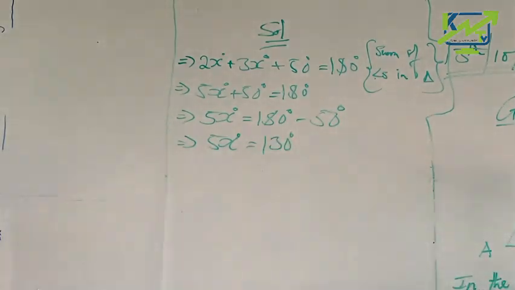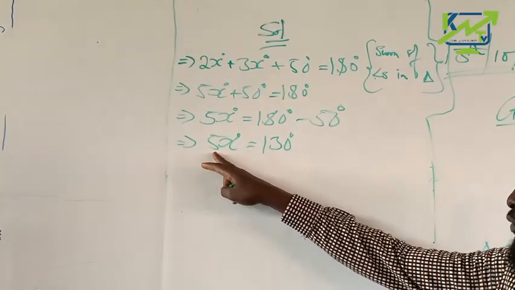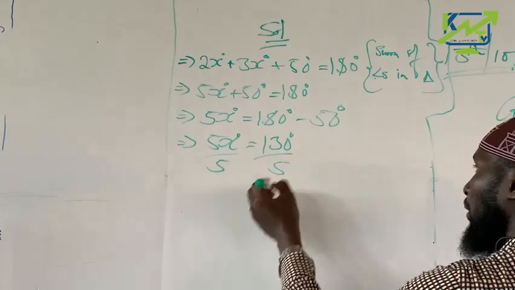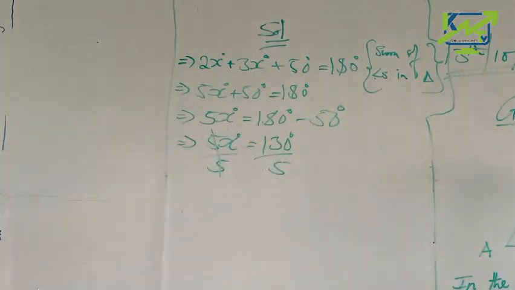So from there, in order for us to know the value of x, which is standing with this value 5, divide both sides by 5. It's an equation. Whatever you do to one side, it must be applied to the other side.